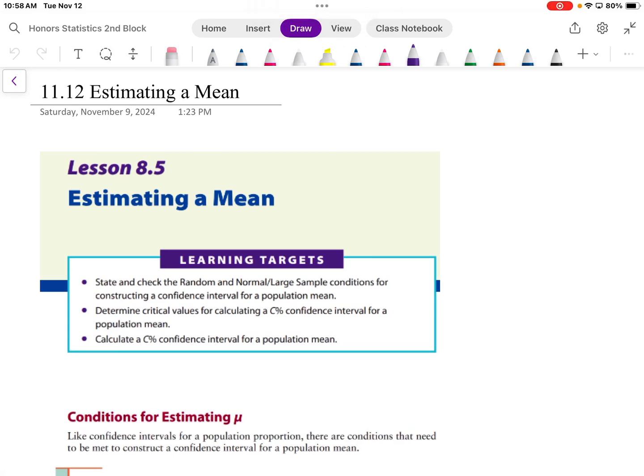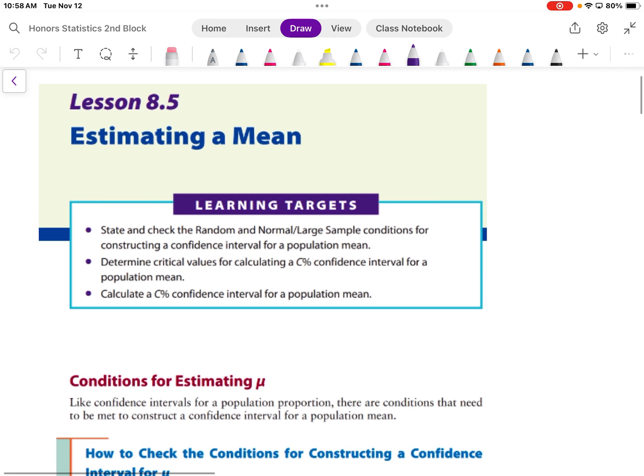All right, so in this lesson, we're going to go through and estimate a mean. We're going to do a confidence interval for means, whereas we were doing proportions prior. First, we're going to go through checking conditions, as we've done before in the previous chapter, doing the random condition again, and also the normal or large sample condition.